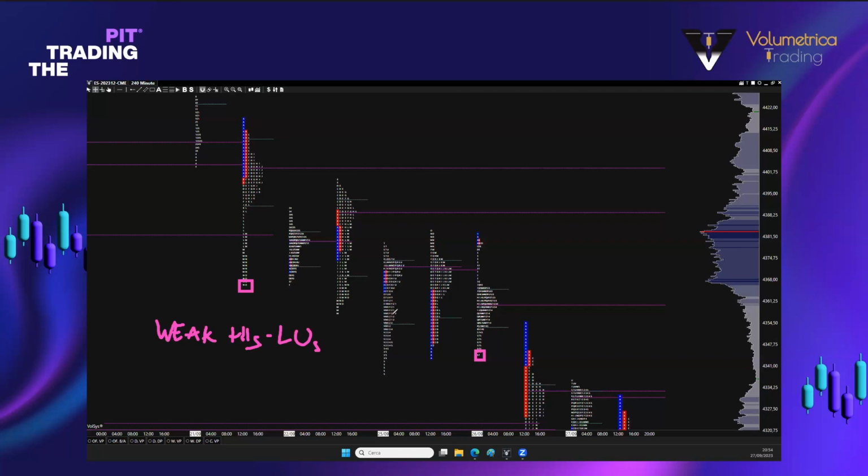Because having 2 or more prints at the very bottom or top edge of a TPO profile would, of course, be a sign of an anomaly. An anomaly, why? Because that shows a weird interest on the very lower or higher part of the profile, which, according to auction market theory, shouldn't be there.